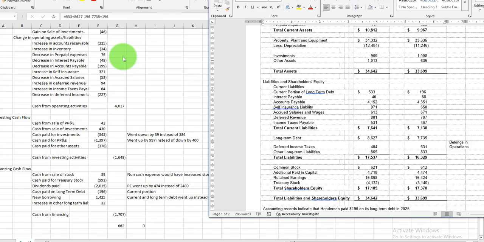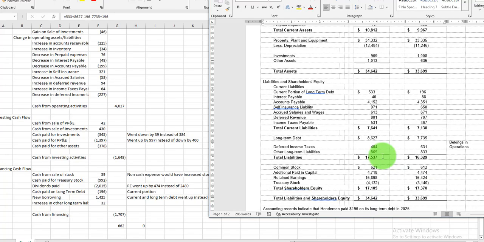So there is your example on how to work through that, each step, one by one. A good rule of thumb is to check off each item you use on the balance sheet. You should have a place for everything, including, in this case, accumulated depreciation. That was explained by the depreciation expense on the income statement and the depreciation that was gotten rid of when we sold the property, plant, and equipment.